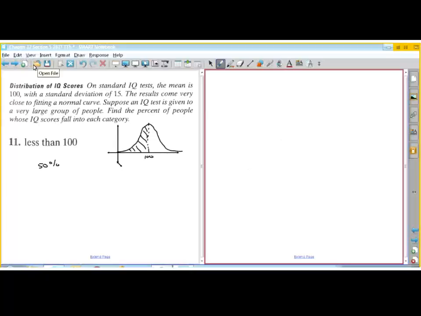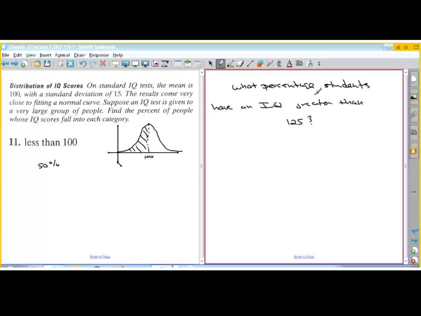Now, when they used to test for the gifted program, the cutoff was 125. So let's ask the question, what percentage of students have an IQ greater than 125?